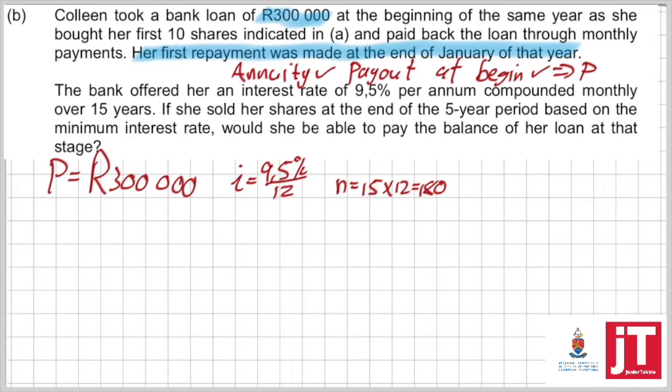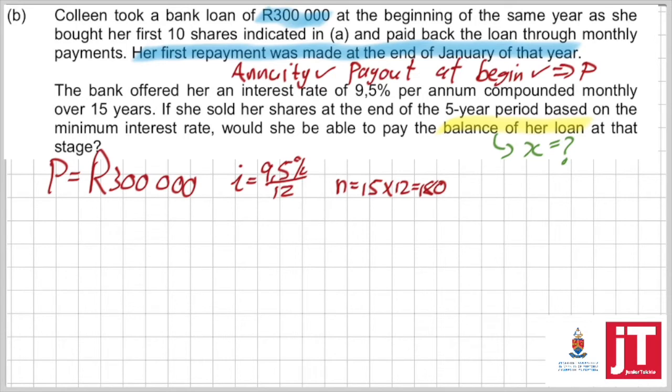Now, here's a difficult question. Balance of a loan. That means I need how much she repays every month. Because whether I use the A minus F formula or I use the present value formula, I need to know how much she actually repays every month.